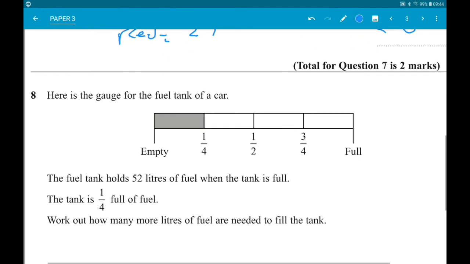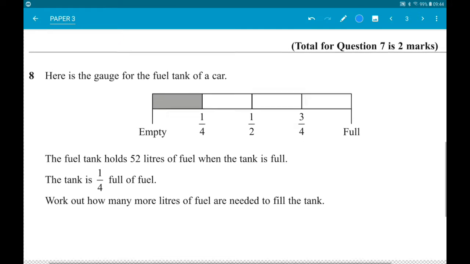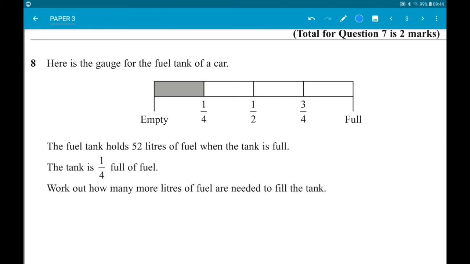Okay, number 8. So here is the gauge for the fuel tank of a car. The fuel tank holds 52 litres when it's full. The tank is 1/4 full. How many more litres are needed to fill the tank? So if it's 1/4 full, we need 3/4 more.